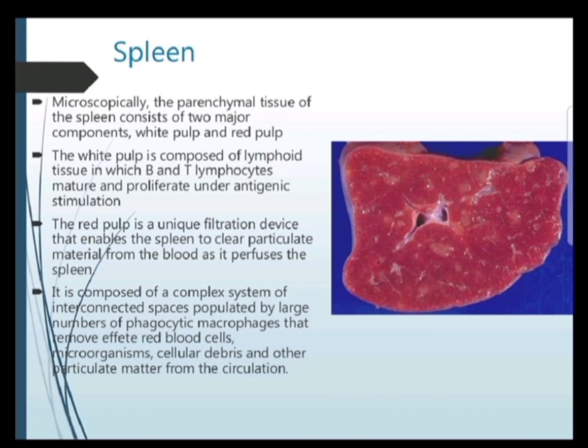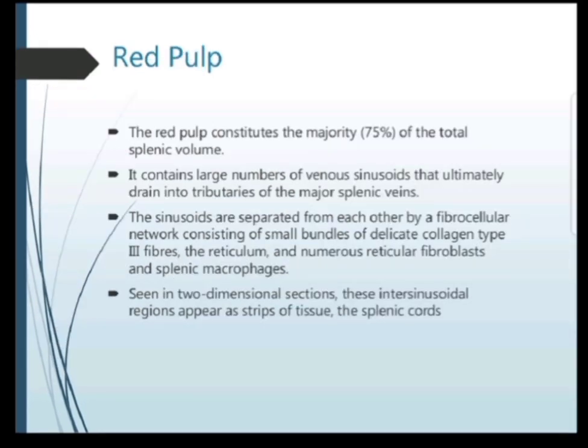The red pulp is a unique filtration device that enables the spleen to clear particulate material from the blood as it perfuses the spleen. It is composed of a complex system of interconnected spaces populated by a large number of phagocytic macrophages. The red pulp constitutes the majority, 75% of the total splenic volume.